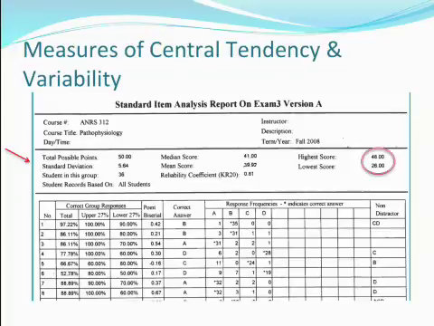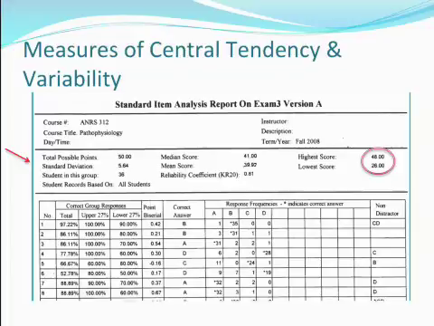Now, when you look to the right, you'll see the highest and lowest score on the exam. When you look at those numbers together, we get a range, or the measure of variability. The range is just the difference between the highest and the lowest score.